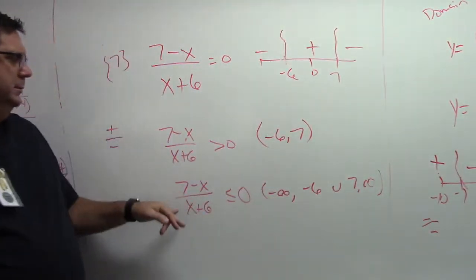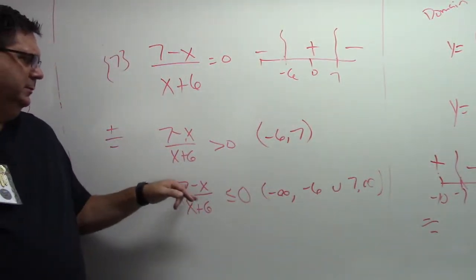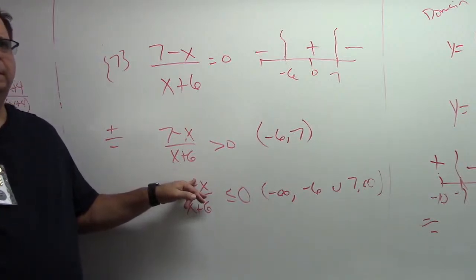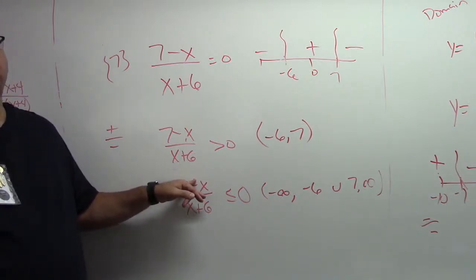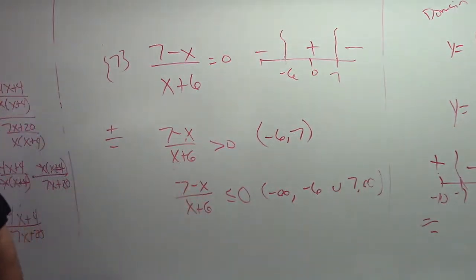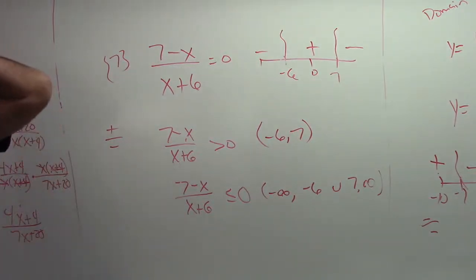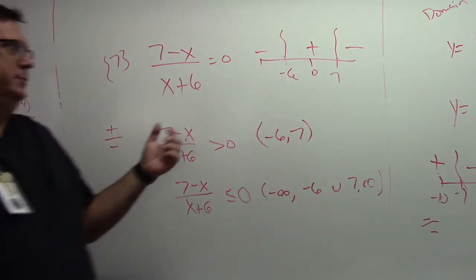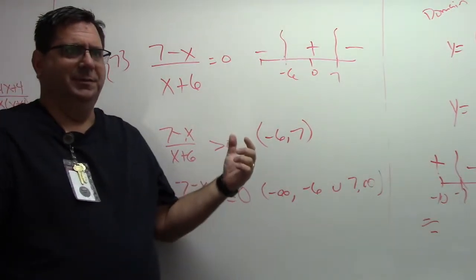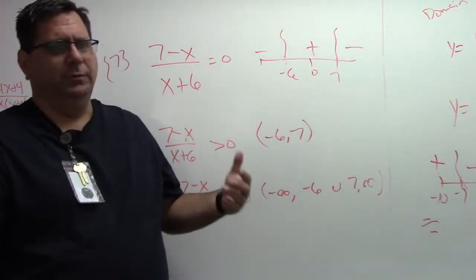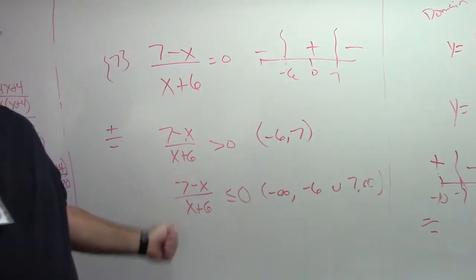Because when you plug it in, if you plug in 10, 7 minus 10 is a negative number, yeah. Negative 3 divided by 16 is a negative number. So you're looking at 7 as an actual value and going, well, 7's positive. Well, I agree with that, but it doesn't mean the function's positive.